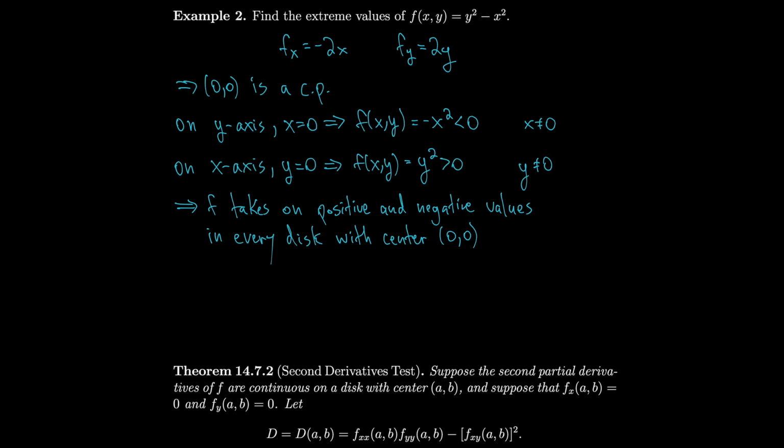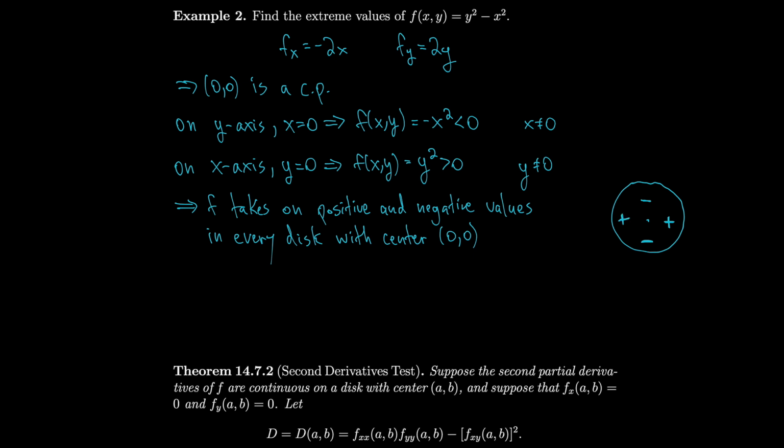It looks something like this. Say I draw the disk. This is in the xy plane, and here's the origin in the center. Then we've got some points on the y-axis. If I look at the z value, it would be negative, so it would be below this plane. If I look at the z value along the x-axis, those would be positive.